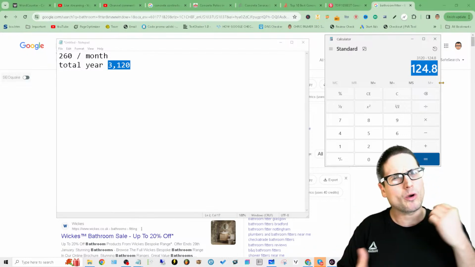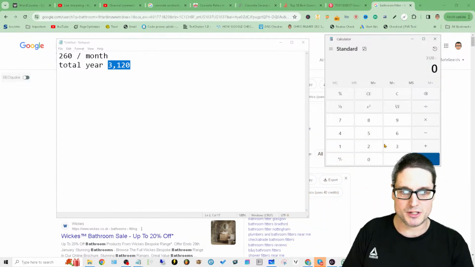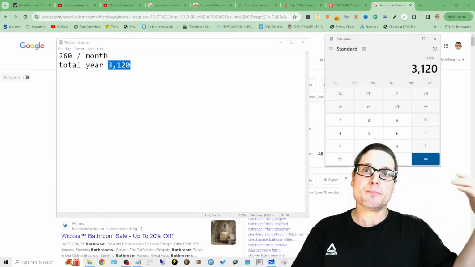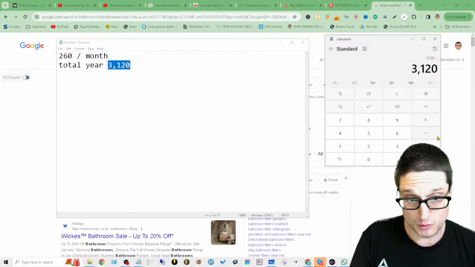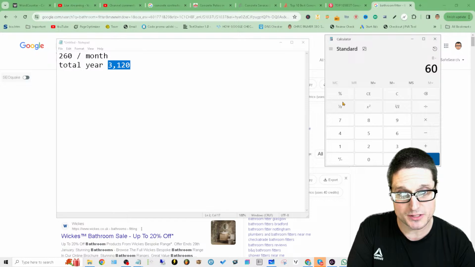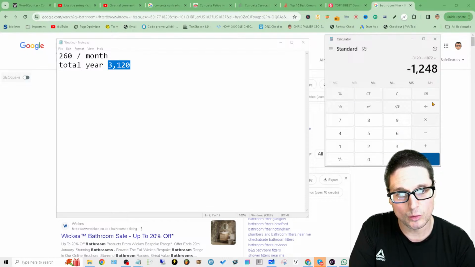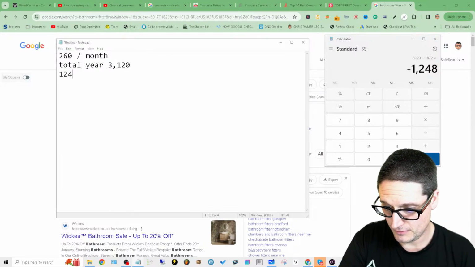But it never works out that way, right? Because the top person actually generates only 60% of all the search visitors, who come to the number one place. So it's really minus 60%. So we have 3,120 minus 60% equals 1,248.